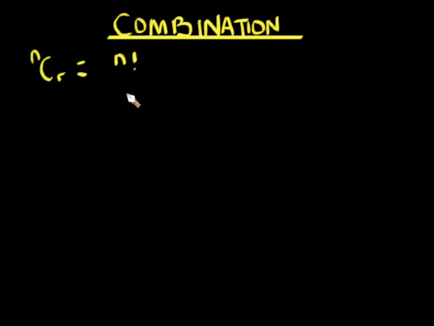This is why in the first and the second video we had to study factorial in depth, because we will need factorial to understand the combination. So this gives us n factorial divided by n minus r factorial multiplied by r factorial. This is the formula for the combination.